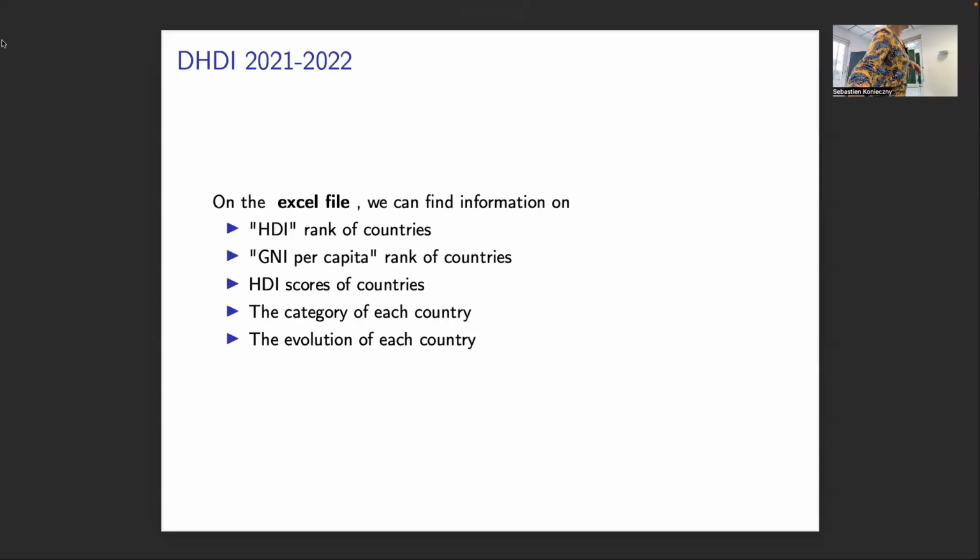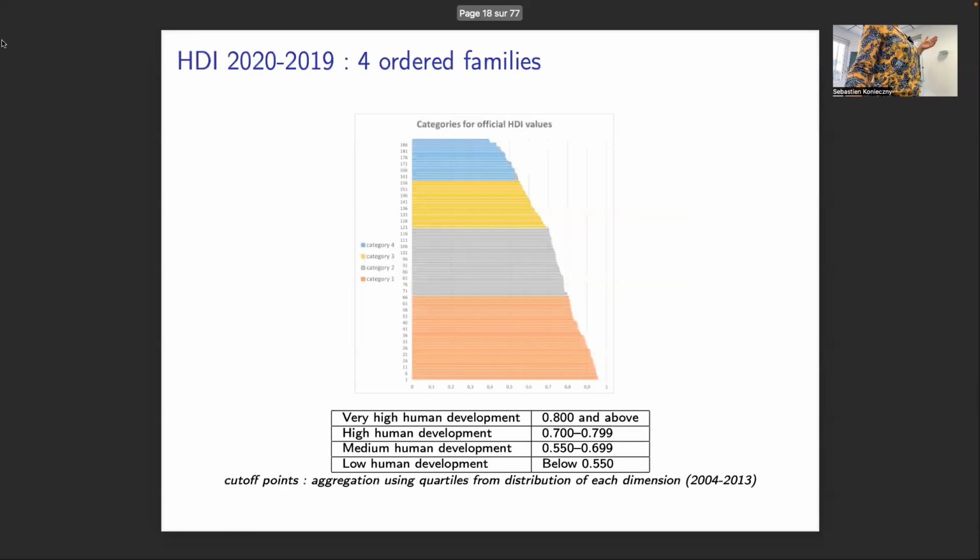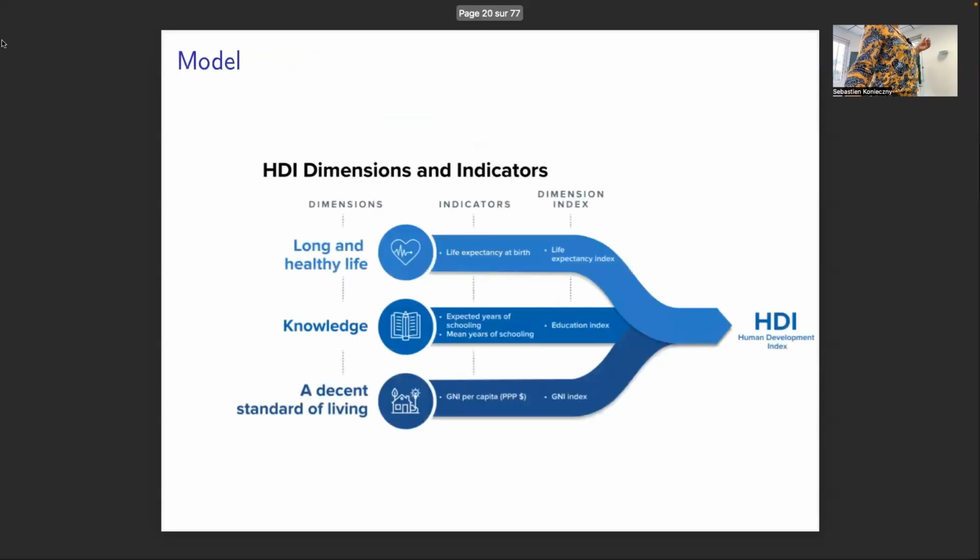Just remember what we have. In this index, we have only 3 dimensions. The health, approximated by life expectancy, which is then normalized. The knowledge, approximated by expected years of schooling and mean years of schooling, and also a decent standard of living, approximated by GNI per capita.